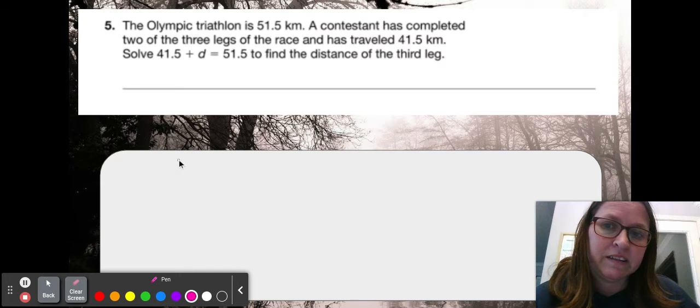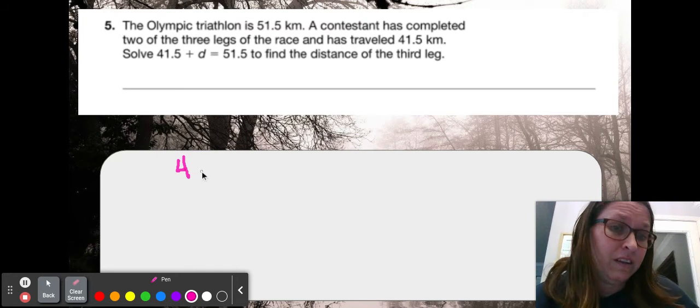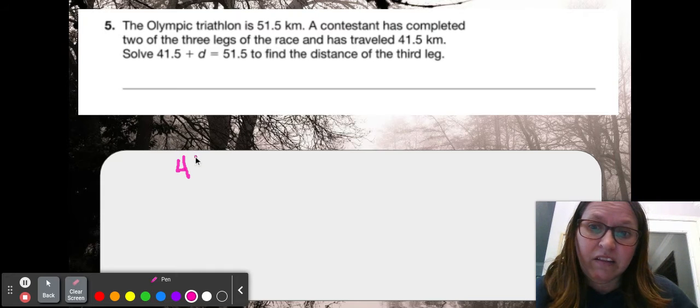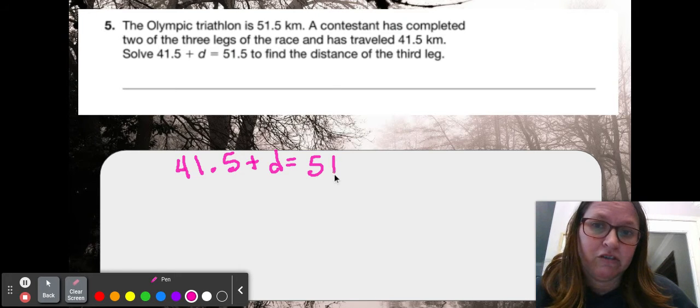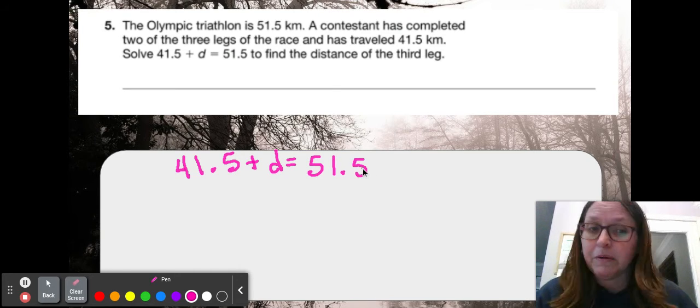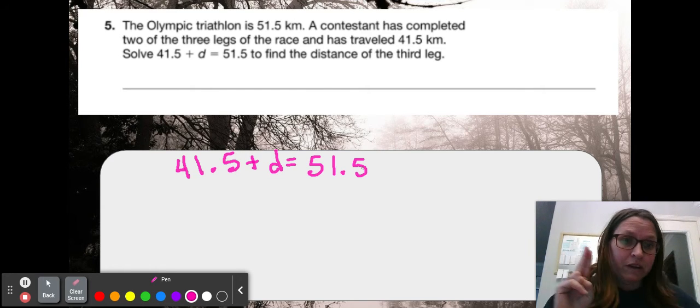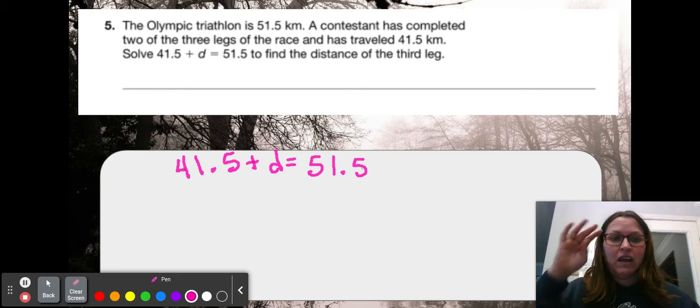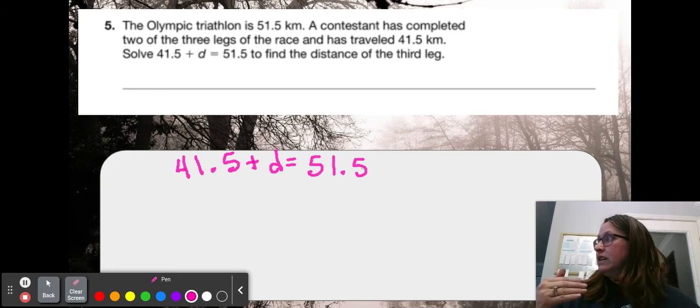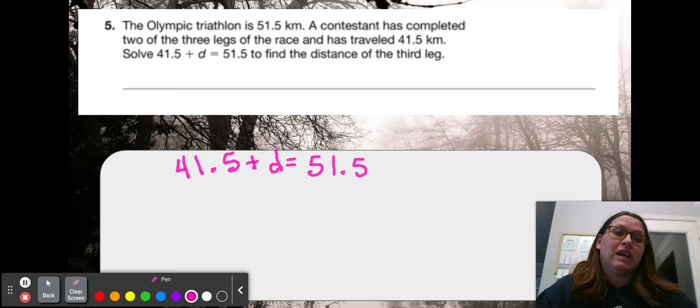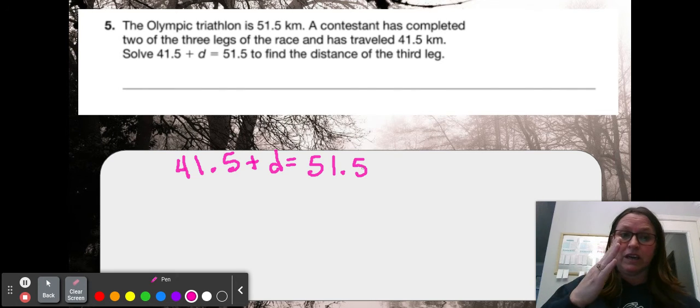While I am writing this down, let me explain what an Olympic triathlon is. An Olympic triathlon is actually an event in the Olympics. In an Olympic triathlon, the person swims for 1.5 miles, they bike for 24 miles, and they run for 6.2 miles.